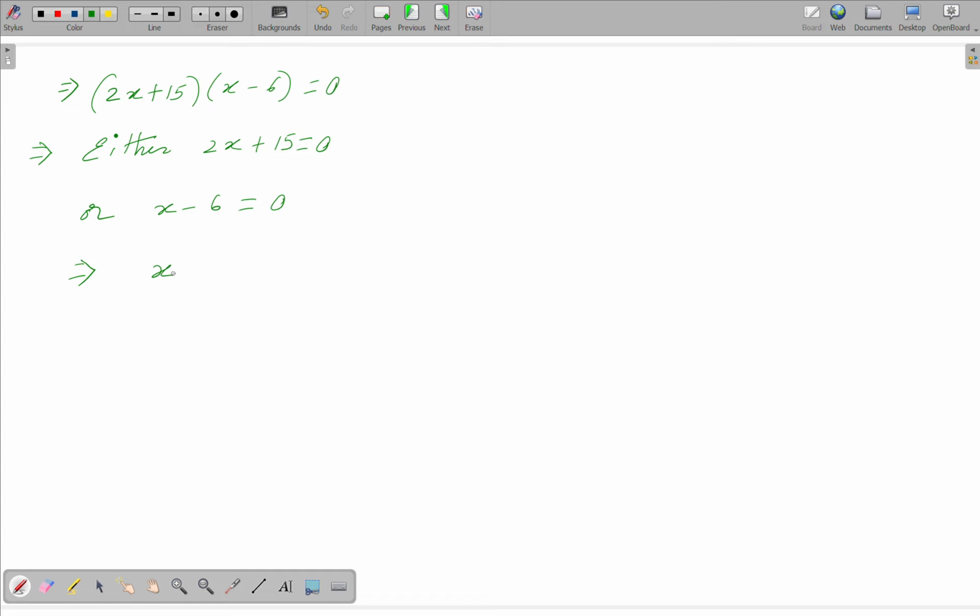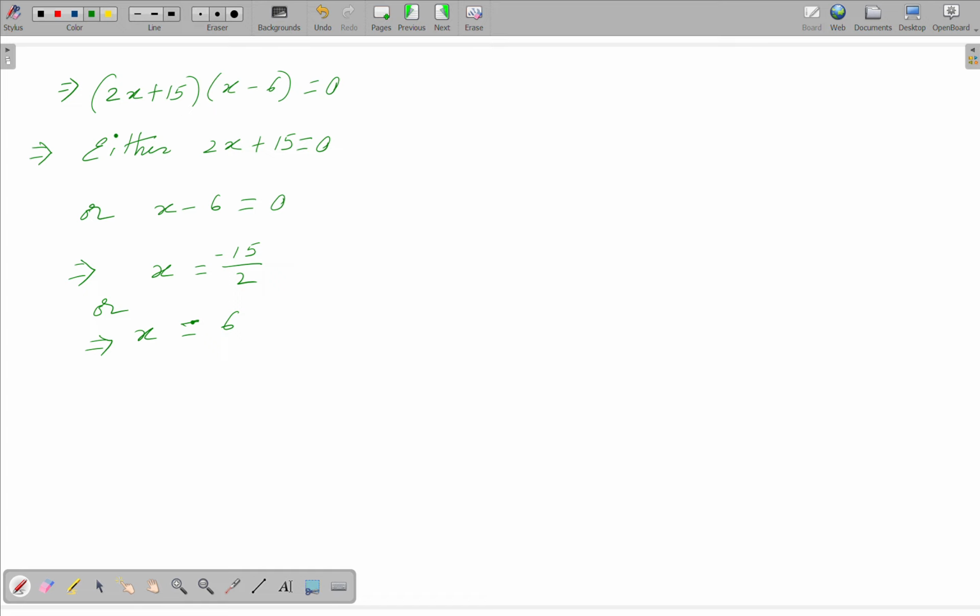When 2x plus 15 is equal to 0, x is equal to minus 15 by 2. When x minus 6 is equal to 0, x is equal to 6. So hence the number of articles produced is not negative.